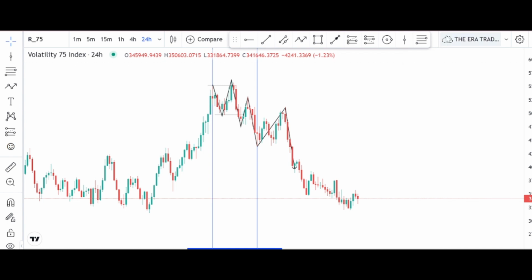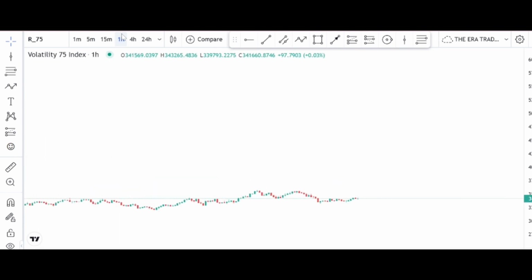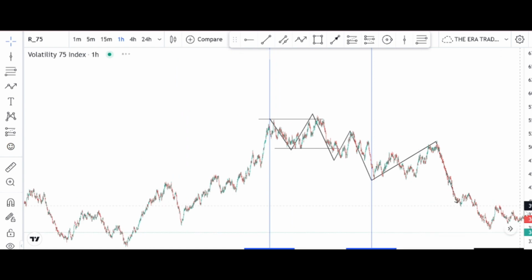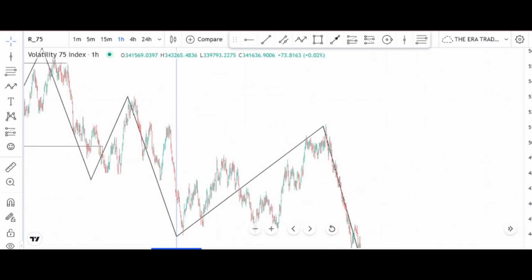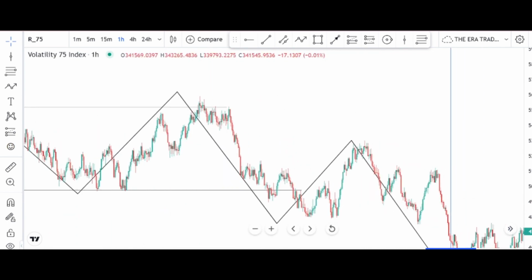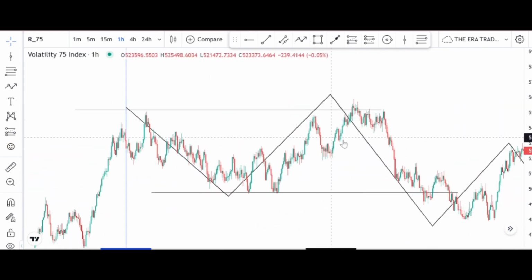All right, so if you go to the 1 hour, this bearish structure you are seeing here, you see the bearish impulsive move, and you see the bullish reversal, which is the bullish retracement. You see that the market was forming a minor structure on the 1 hour. All right, so that bullish move you saw here was a minor structure on the 1 hour.